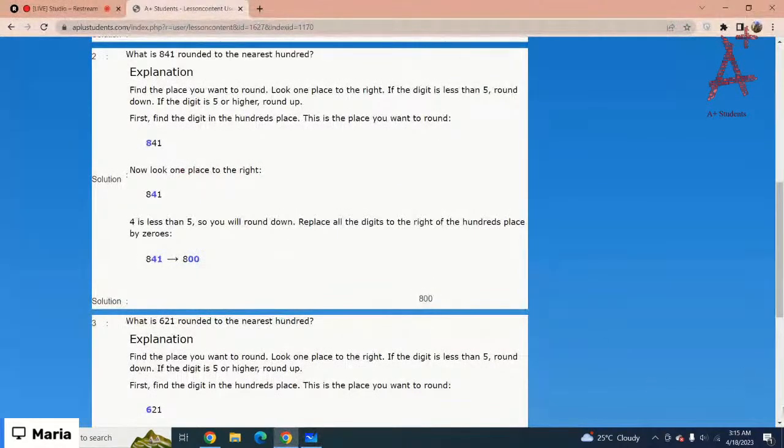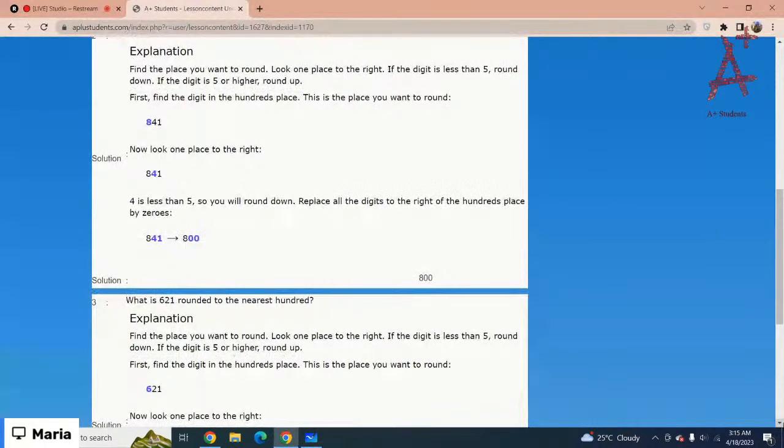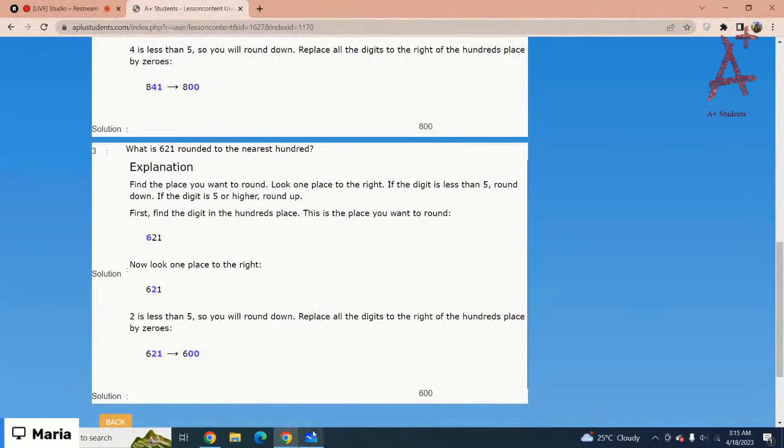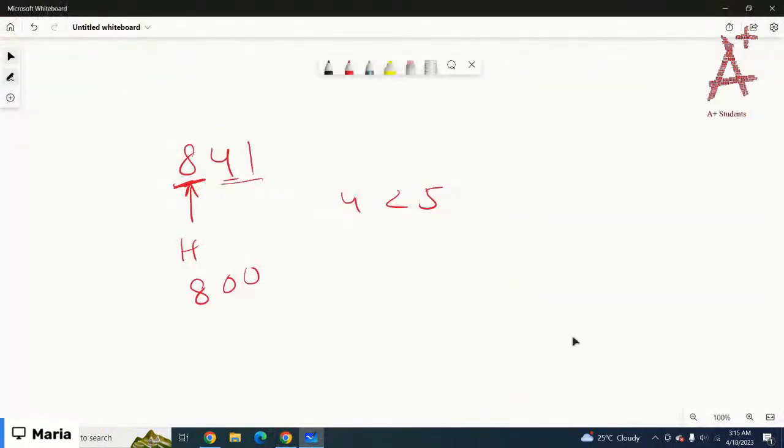So okay, the next one is what is 621 rounded to the nearest 100? Okay, 621. So which digit is at the hundreds position? 6 is at the hundreds position.